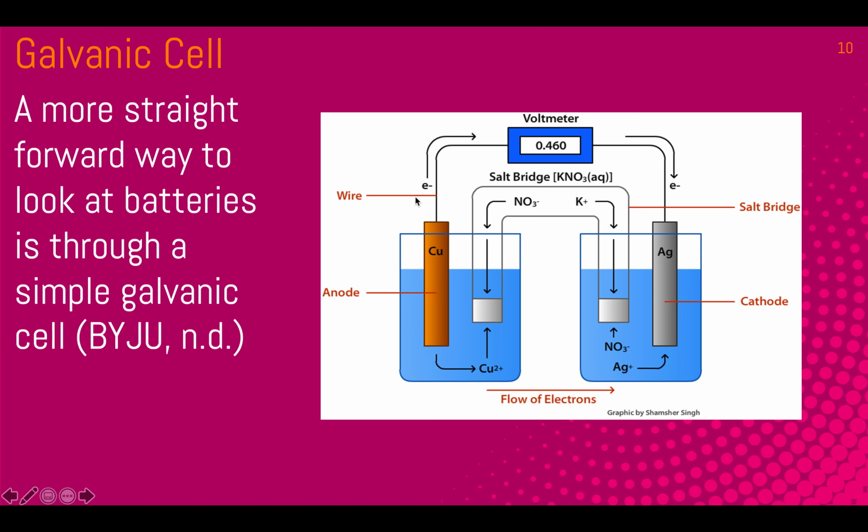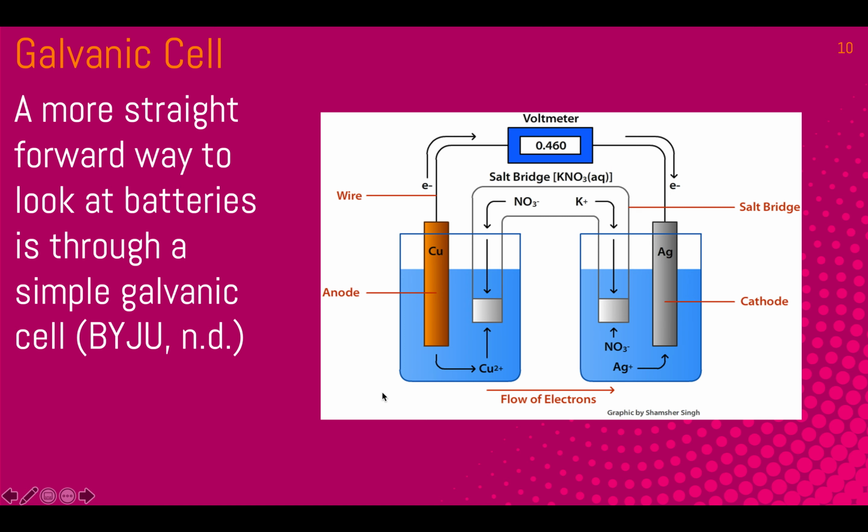So right here we have the anode, and right here we have the cathode. And then in both of these little solution pools, it is its own half reaction. So the electrons are going up through the wire and causing a current up here. And then the electrons are going in between the two half reactions, between silver and copper, the anode and cathode.